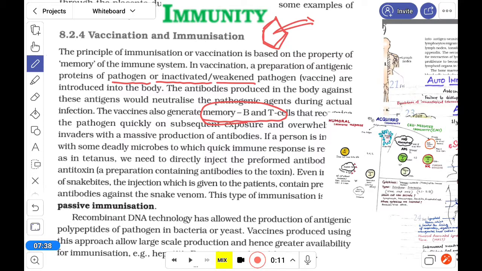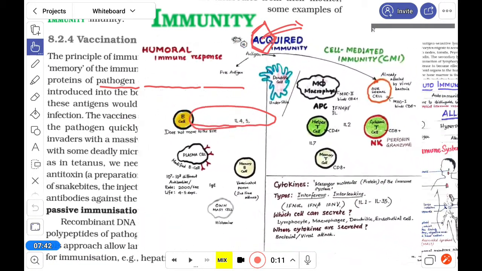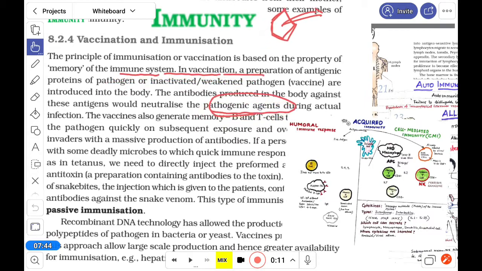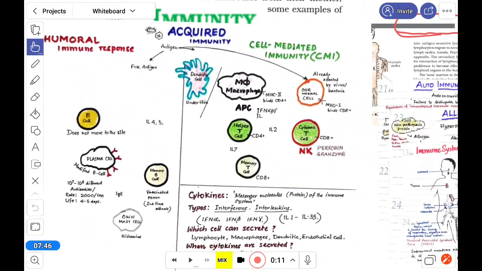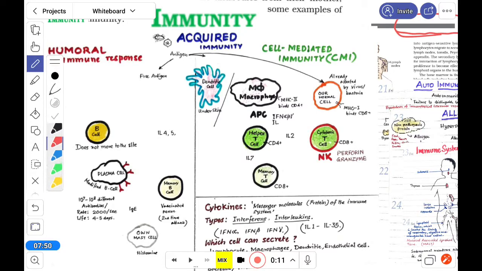Let's see, we have already seen this part. When the antigen enters a macrophage or dendritic cell, that kind of cell will detect it and chew it, meaning digesting and breaking it.